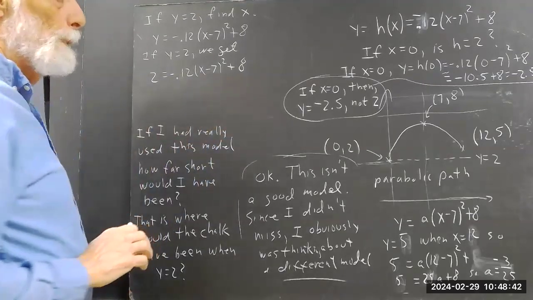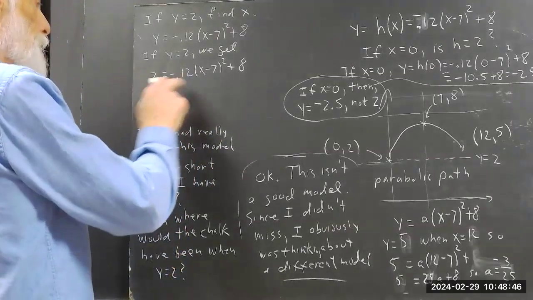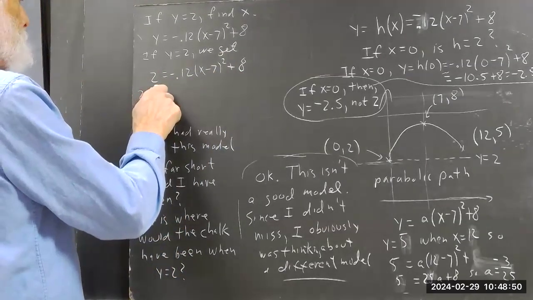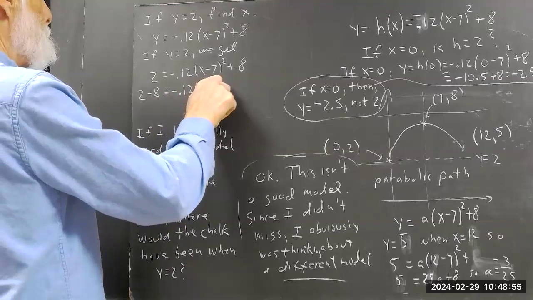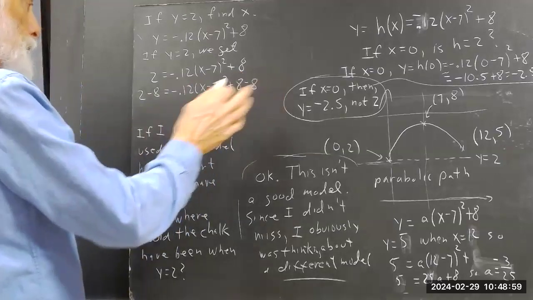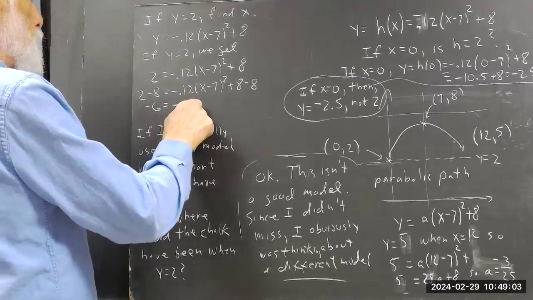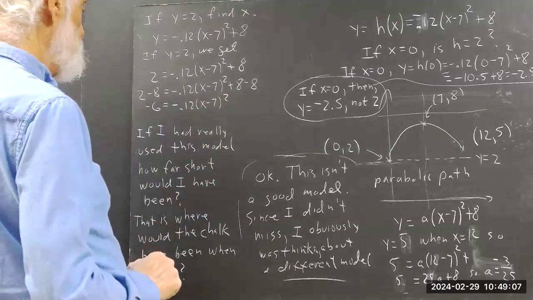How am I going to solve this equation? Well, I'm going to subtract 8 from both sides. Subtracting 8 from both sides, I get negative 6 equals negative 0.12 times x minus 7 squared.